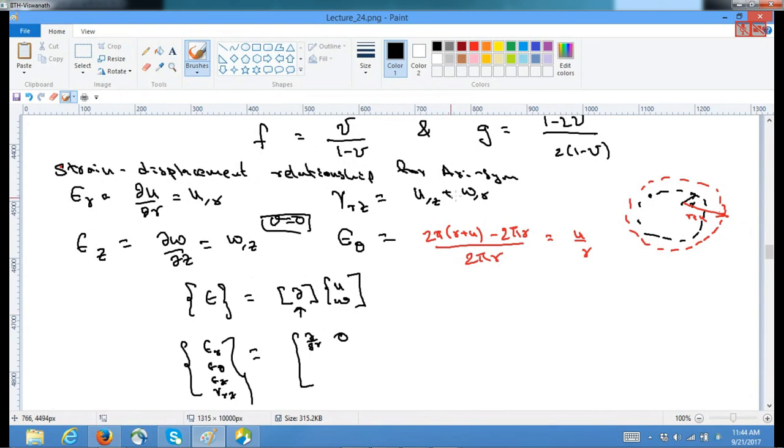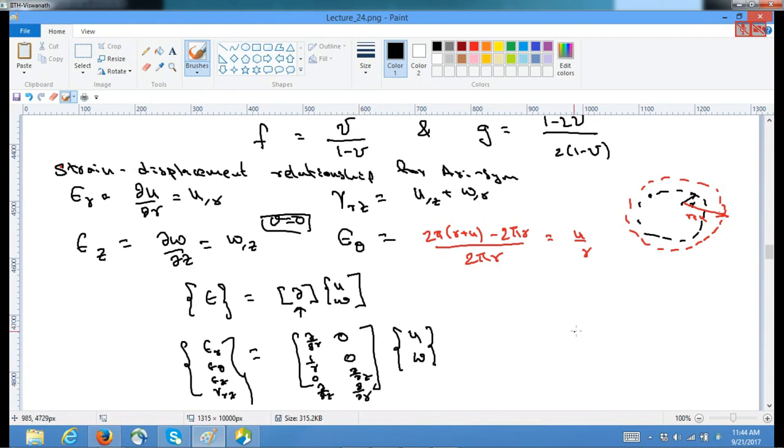So this into this will be dou u by dou r. This is the definition. And this one is 1 over r because u is already there, 1 over r, 0. Next one is 0, dou by dou z, and this one is dou by dou z, and this one is dou by dou r.